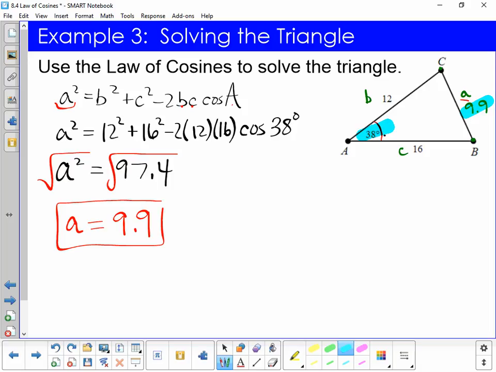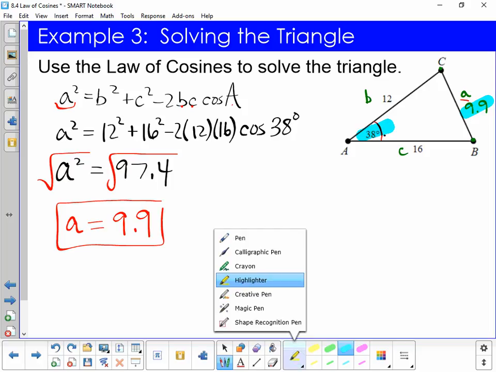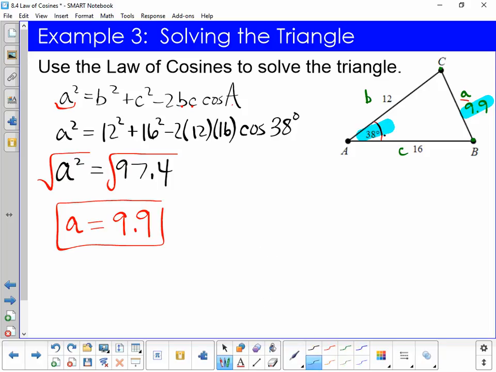You could continue using the law of cosines if you want, but most of the time, as people are doing these sorts of calculations, they'll switch to the law of sines at this point because they have that pair.